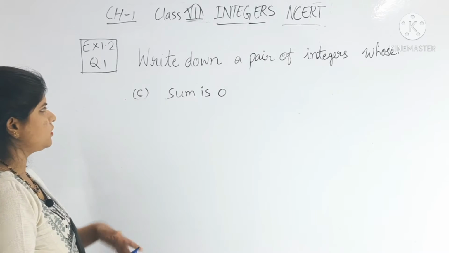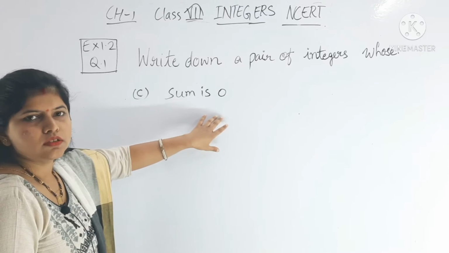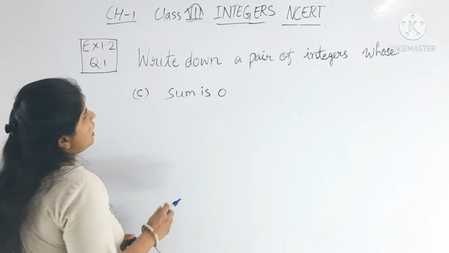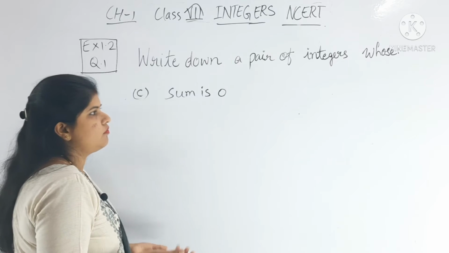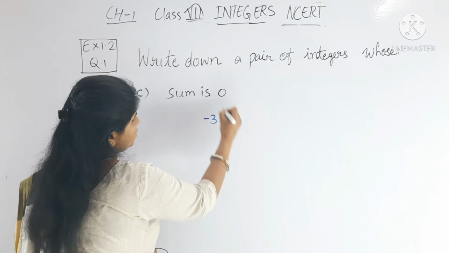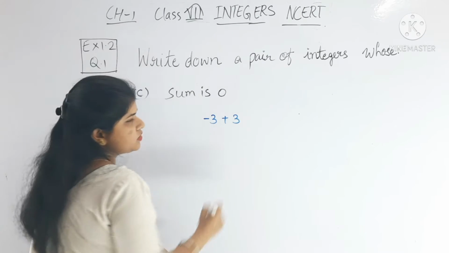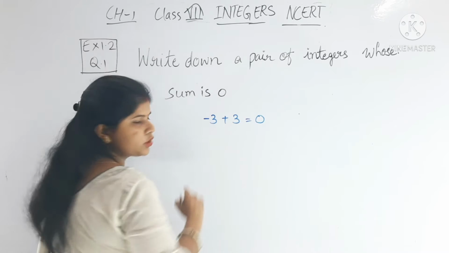Now the next part is part C of question number 1, that is sum is 0. We have to write down a pair of integers whose sum is 0. We can take one negative integer and one positive integer, maybe minus 3 plus 3, it will come 0.